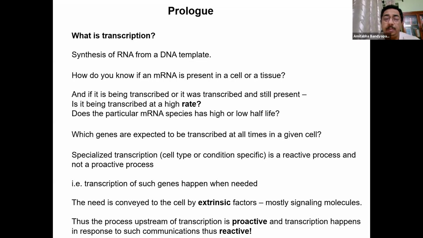So that's what brings us to specialized transcription, cell type specific transcription, condition specific transcription, because there will always be some RNA that are always being transcribed, like the RNA for actin, tubulin, ribosomal RNA, or some of these which we call housekeeping function genes.